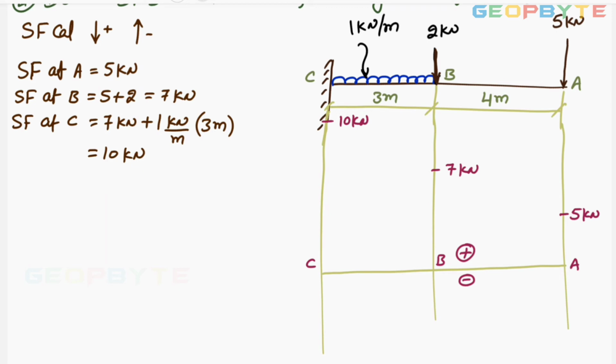Now start from A, go for the load, come to the next value, because this is the point load effect. Go for the value. In between B and C, it is a straight line. Under the UDL, the shear force line is a straight line. Close the diagram. This is the shear force diagram.